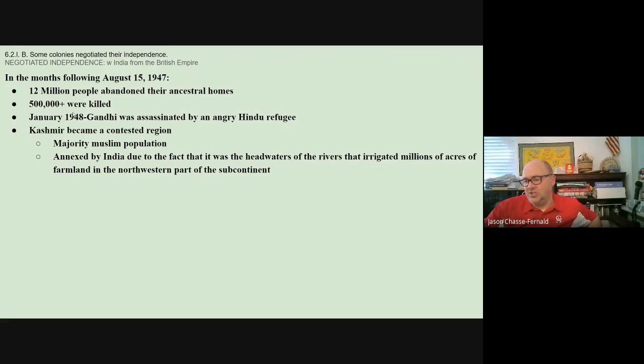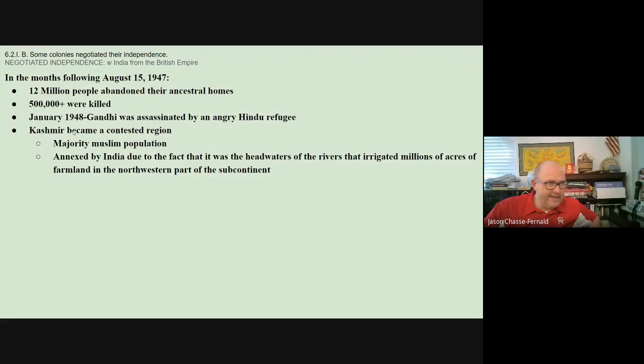500,000 killed is generally considered to be a lowball number. I've seen numbers as high as 1.5 million. So it's generally accepted that over 1 million people died in the weeks around August 1947, right? And of course, Gandhi himself is killed by one of these refugees.